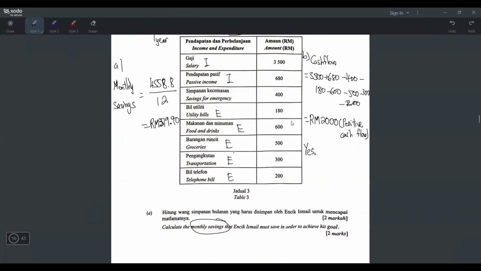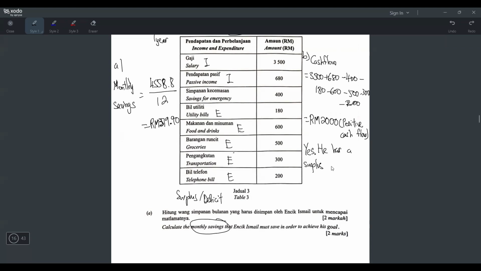So why? I can just write he has a surplus. So remember this word. If your cash flow is positive, then we call it surplus. But if your cash flow is negative, we call it deficit. Okay.